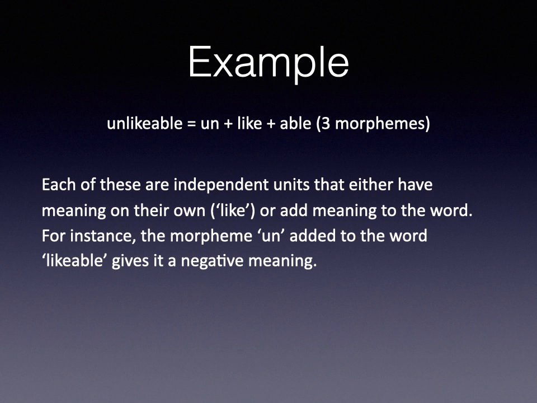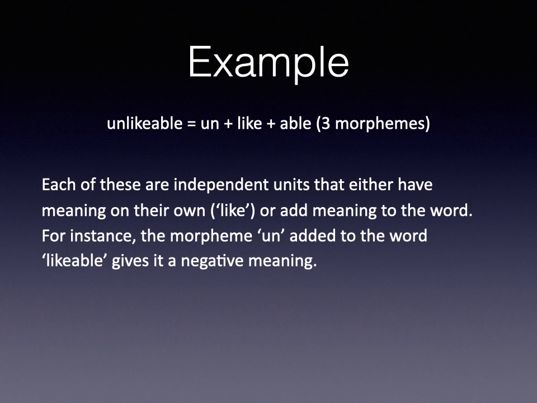Able also has meaning on its own. And un, as I mentioned earlier, when it is added to the word likable, it gives it a negative meaning. So each of these parts either has meaning on its own or adds a particular meaning when you combine it with the others. So these are all examples of morphemes.